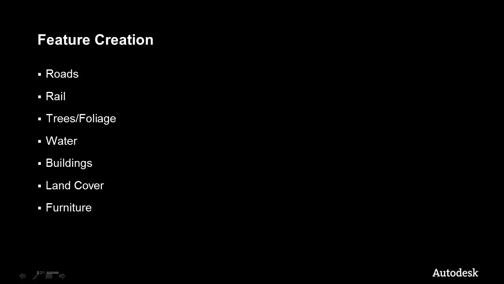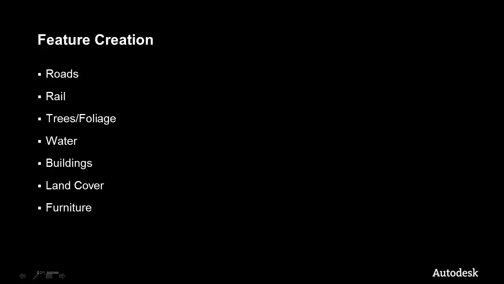So the next thing I want to cover is feature creation. And when I talk about feature creation, I'm talking about actually creating things inside of Infrastructure Modeler, not just importing them. So we've got several different types of things we can create. We can create roads, railroads, trees, water areas, buildings, land cover.